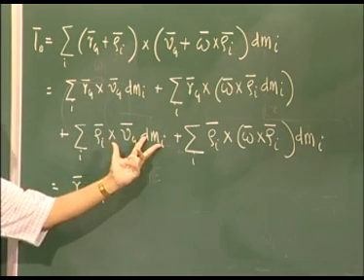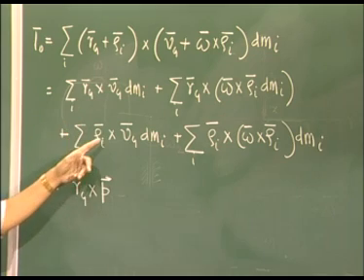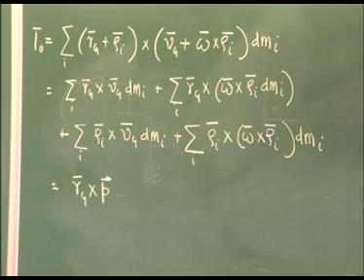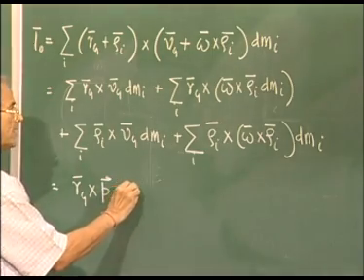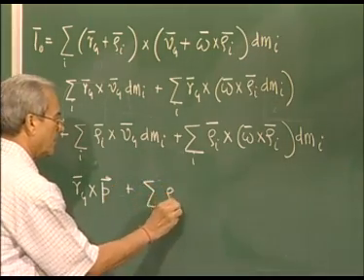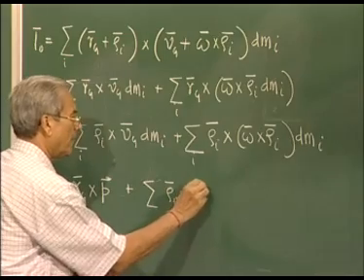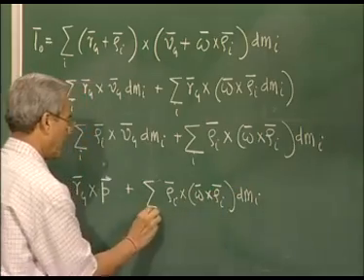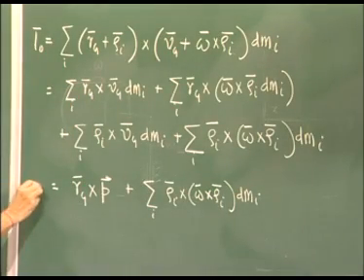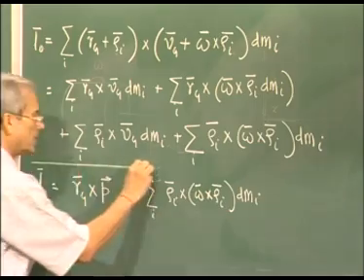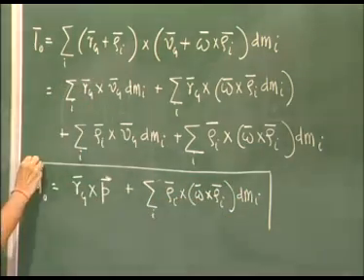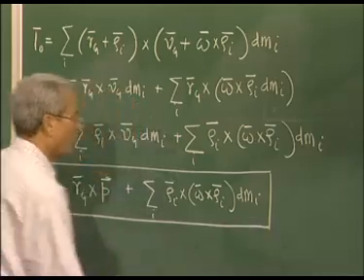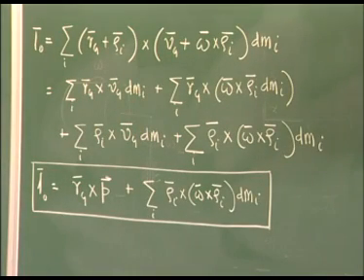So, we can take dm_i here and do the sum and then take the cross product with V_g, and again by definition the sum of dm_i rho_i is 0. So, the other term which remains will be this. Thus, the angular momentum of a rigid body about a point O is given by this.